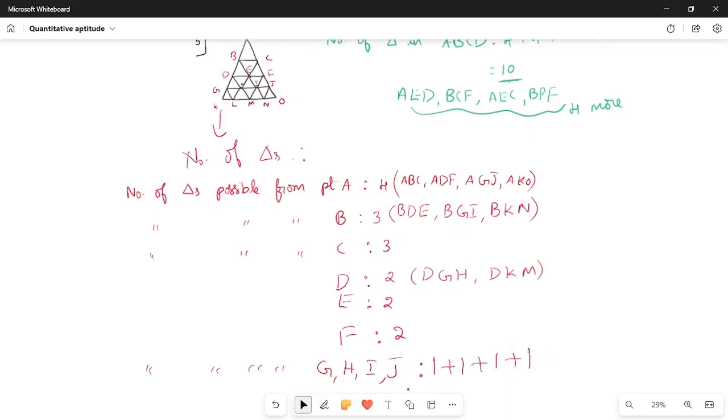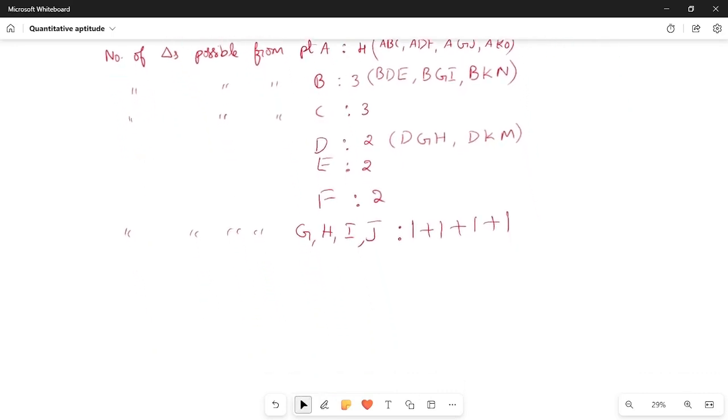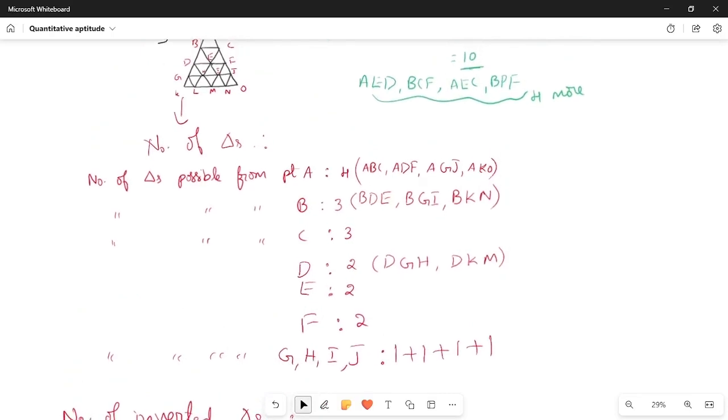Now we'll go for counting the number of inverted triangles. First I have to consider LMN. From L, inverted triangles means we will go this way.